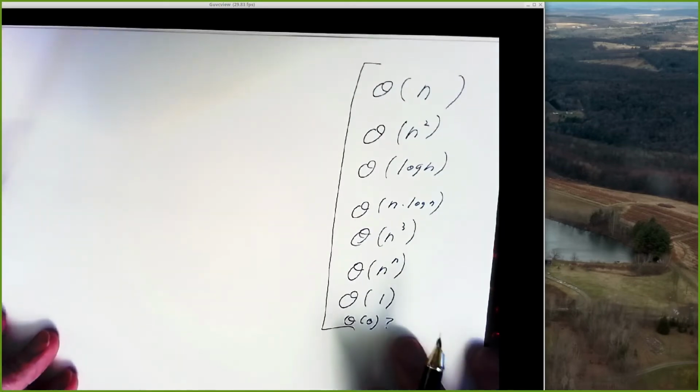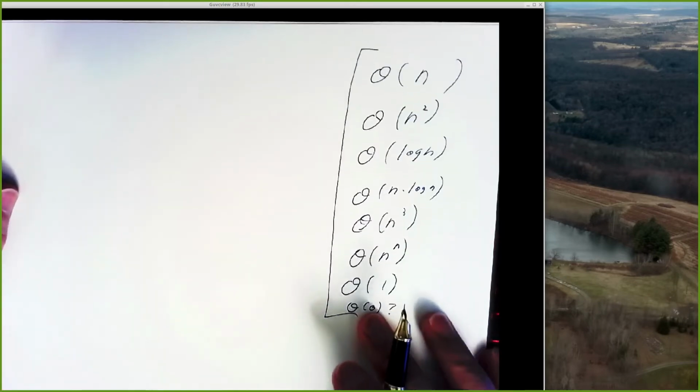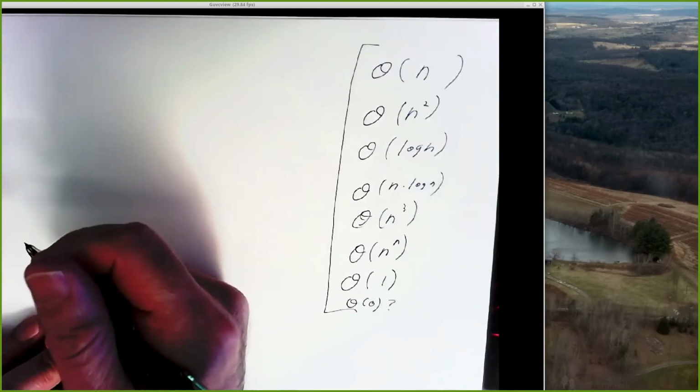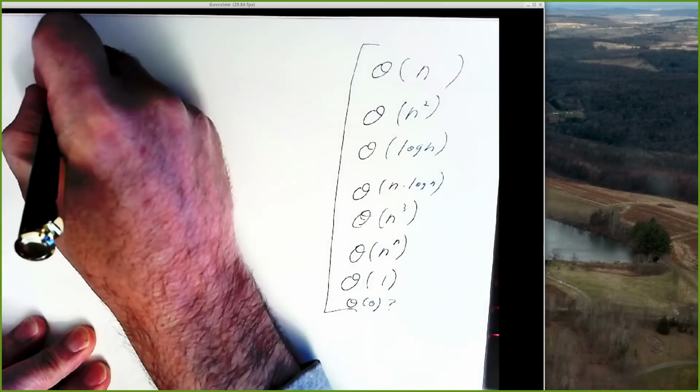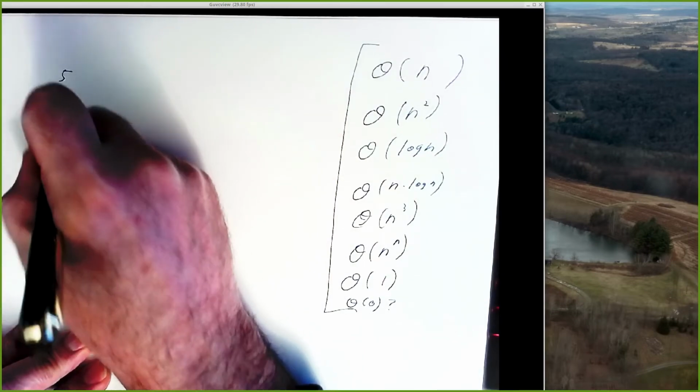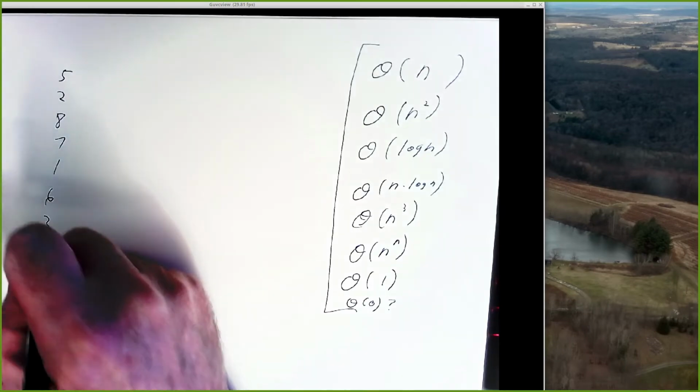All right, so I think everybody here has coded a bubble sort. I think you probably do this in 121. What's the basic setup here? Start off with a set of, let's just work with integers. So 5, 2, 8, 7, 1, 6, 3, 9.